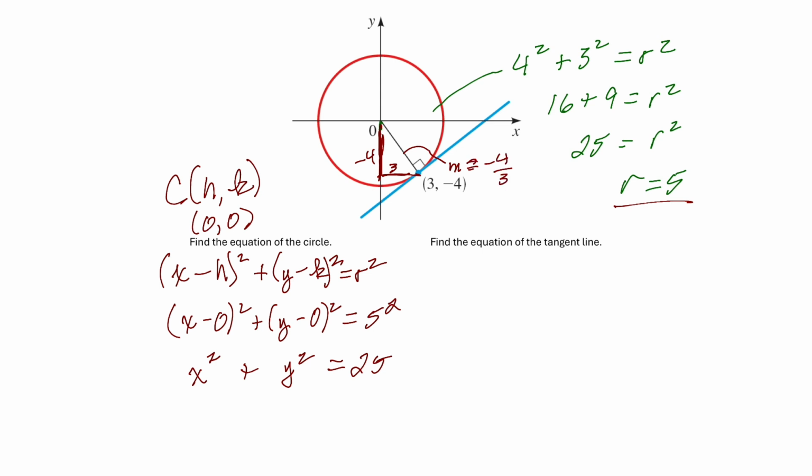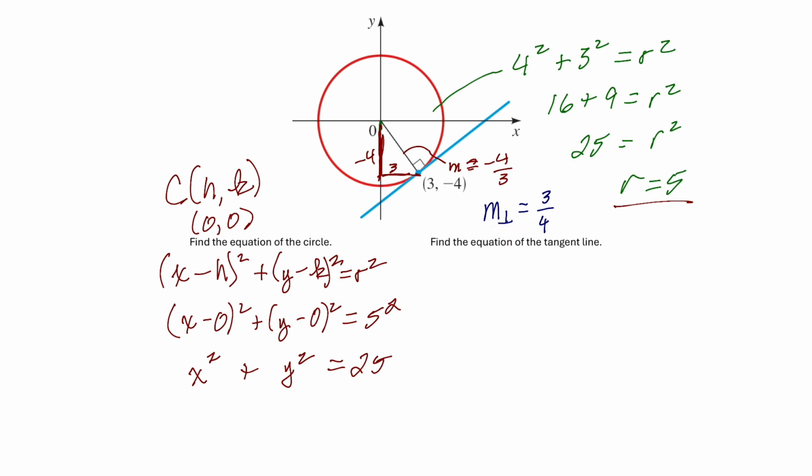So the slope of the blue line, that's a perpendicular line, is going to have the opposite reciprocal. So we take that negative 4/3 right here and we reciprocate it and we change the minus to a plus. That's how we find out the slope of a perpendicular line.